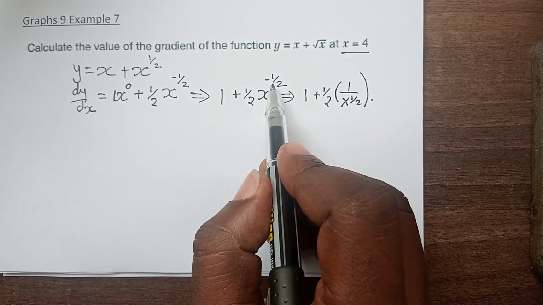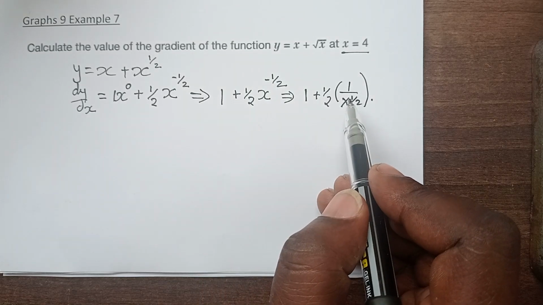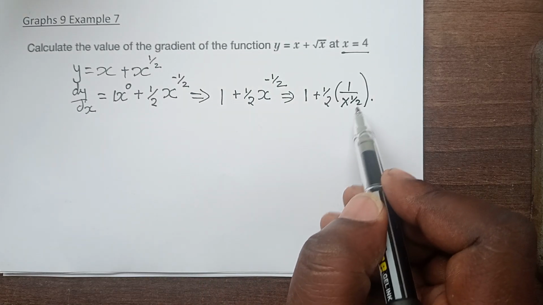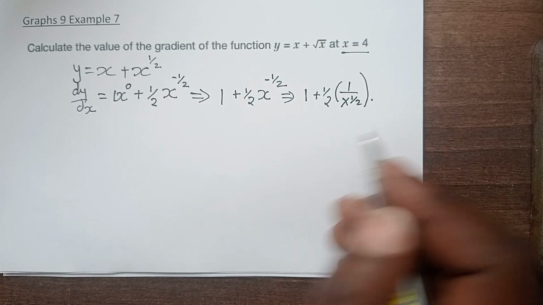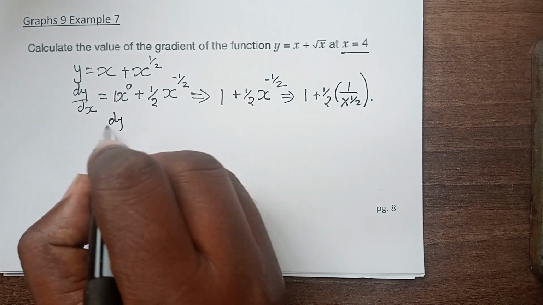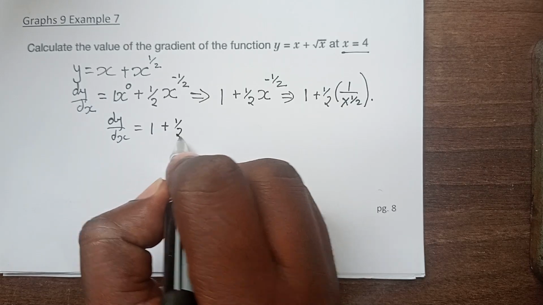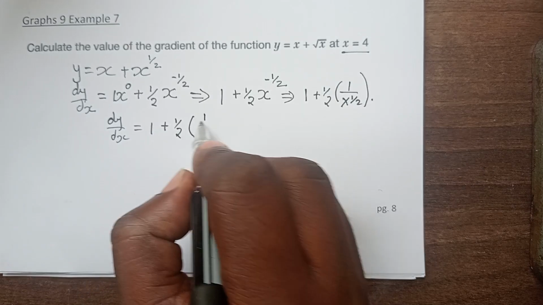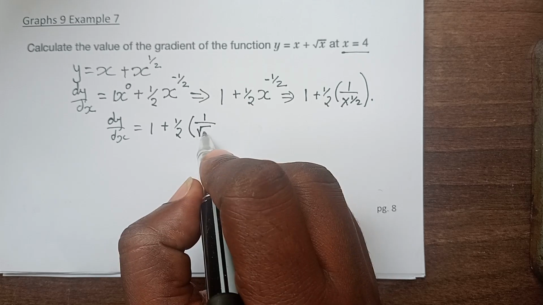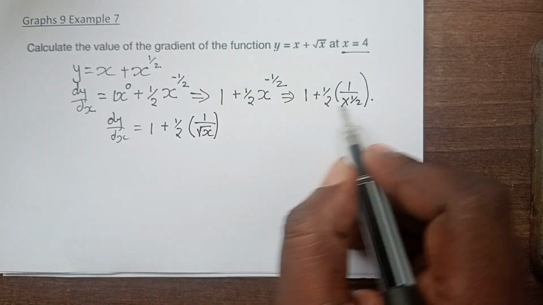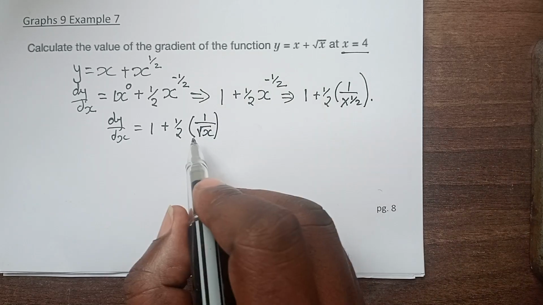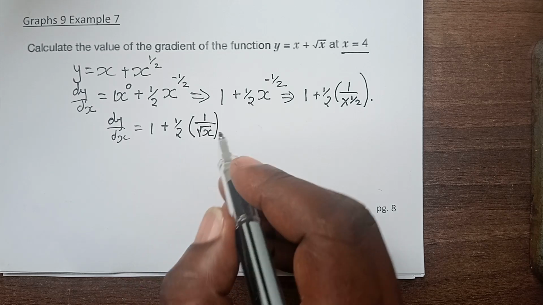Because this is x raised to power minus a half, when it gets to the denominator, it is x raised to power positive a half. So dy dx becomes 1 plus a half multiplied by 1 over the square root of x, because x raised to power half is the same as the square root of x.